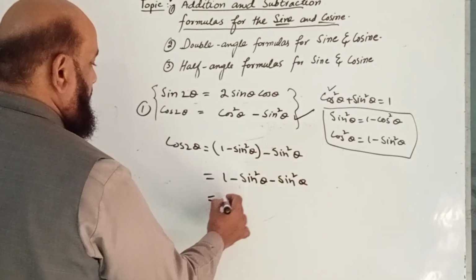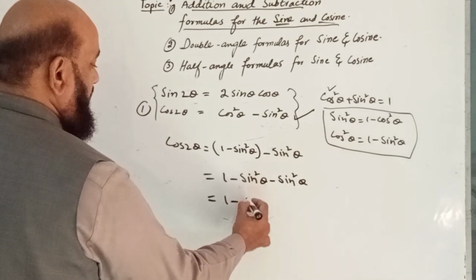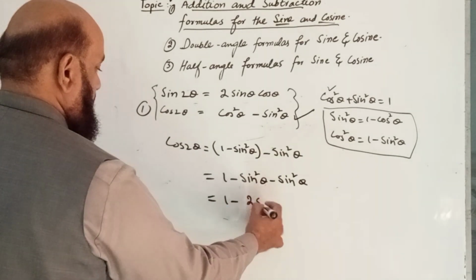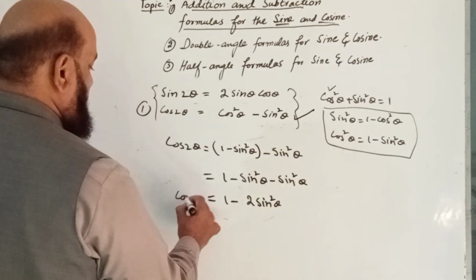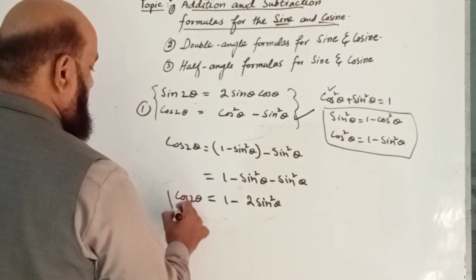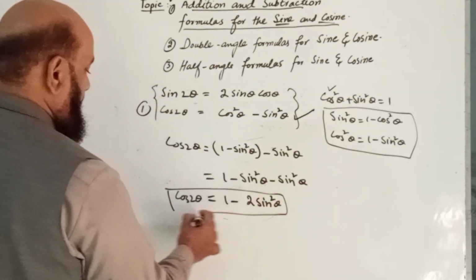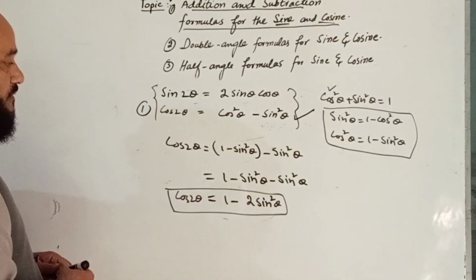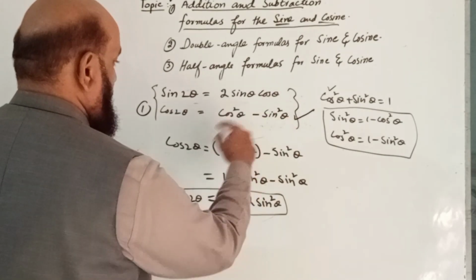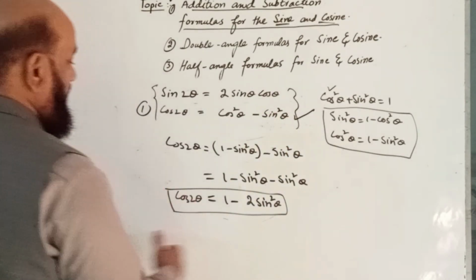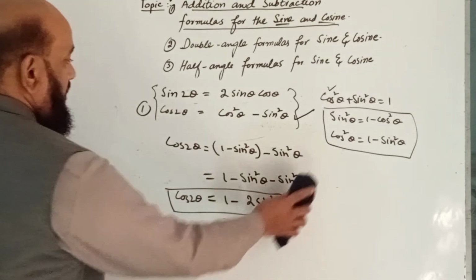It gives us 1 minus 2 sin square theta. So now we have another formula: cos 2 theta is equal to 1 minus 2 sin square theta. If we remove the sin square theta, we can get another formula for cos 2 theta.